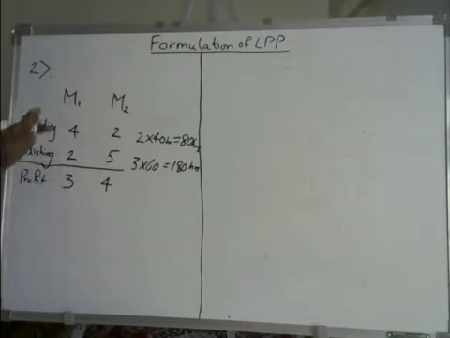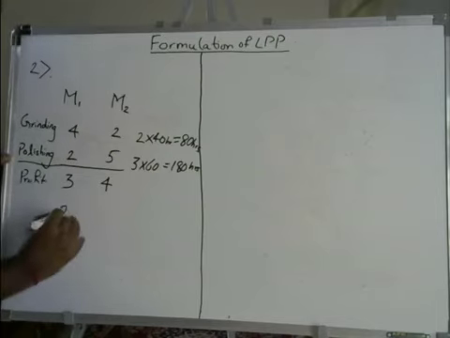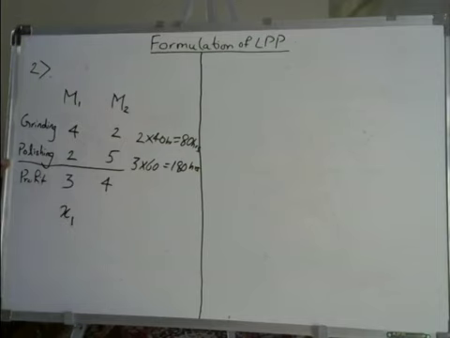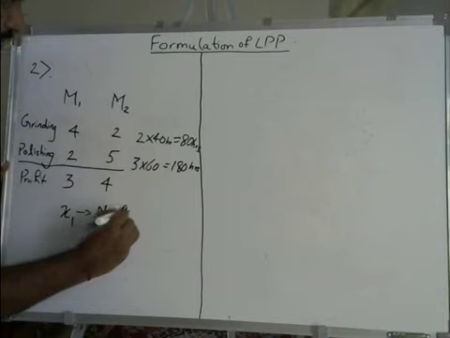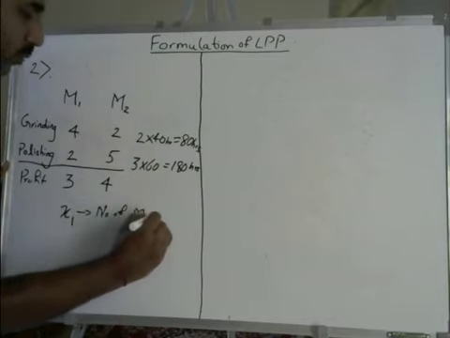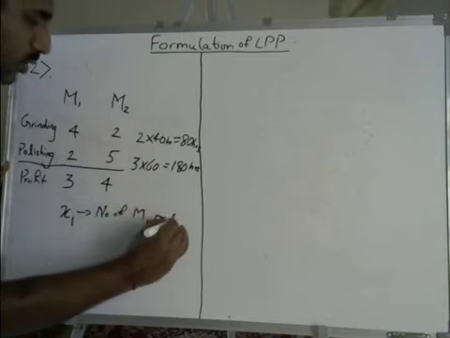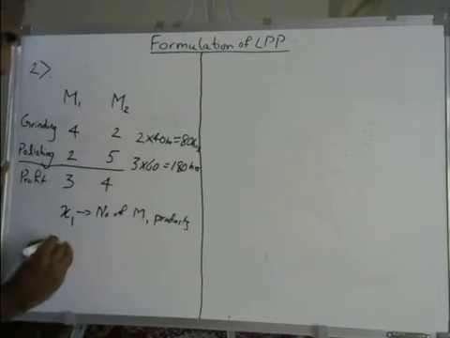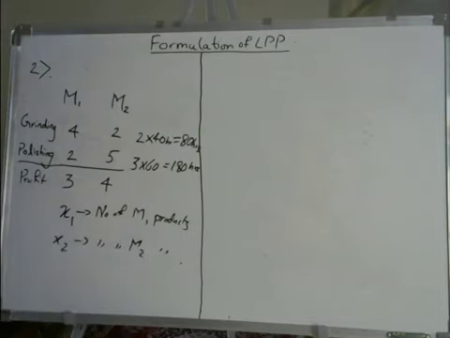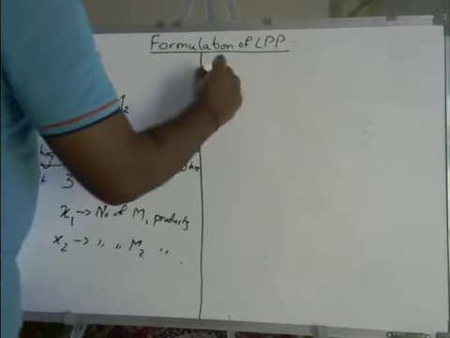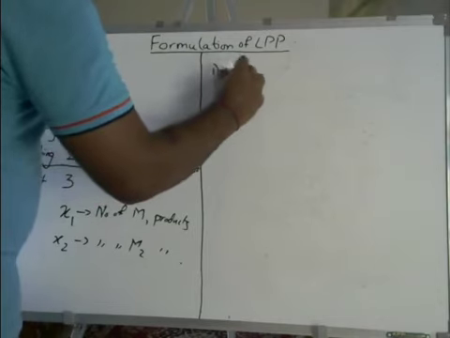So we are going to find out how many products of M1, that is x1, are to be produced, and we also need to find out x2, the number of M2 products to be produced.